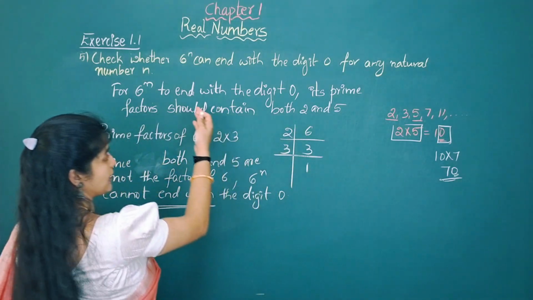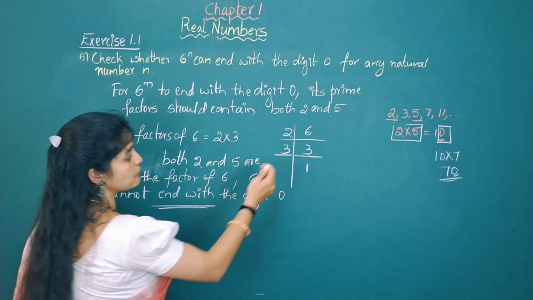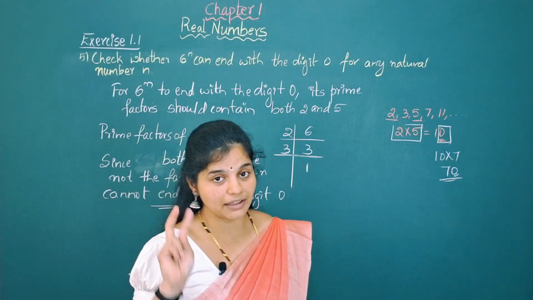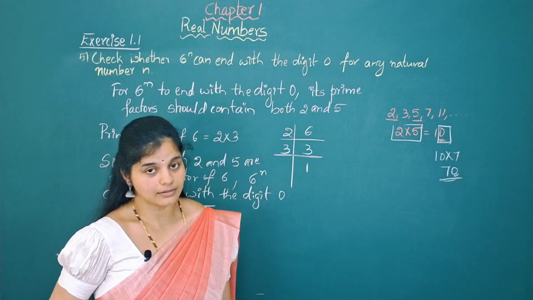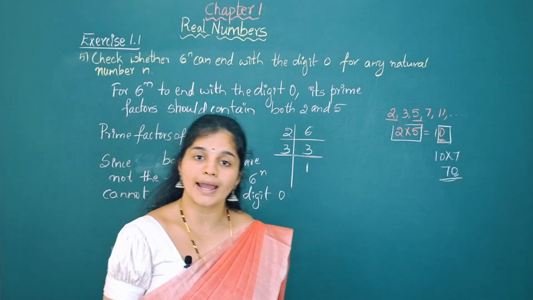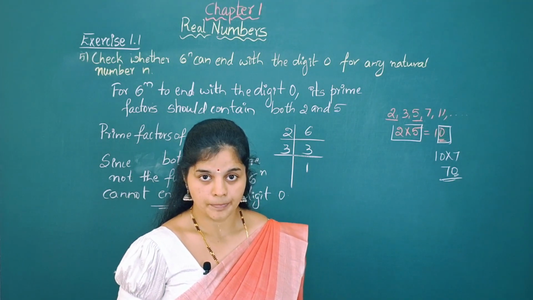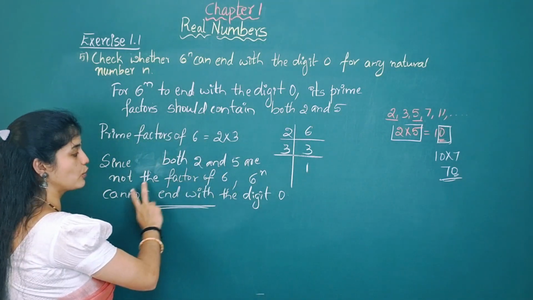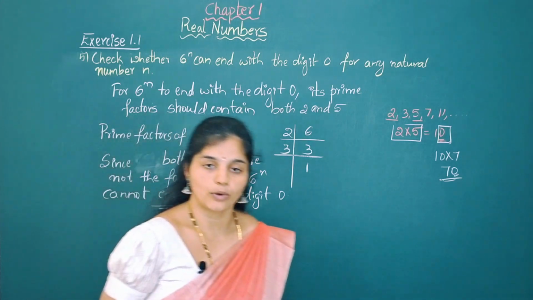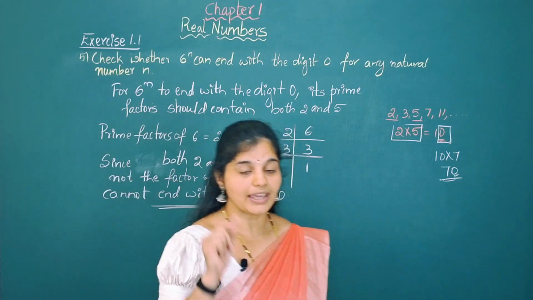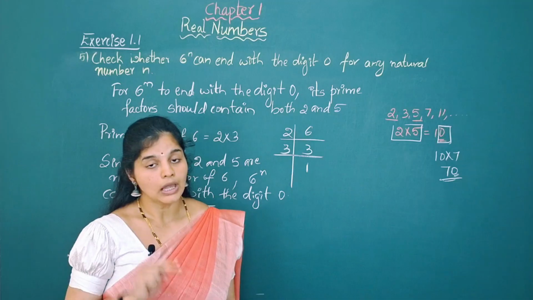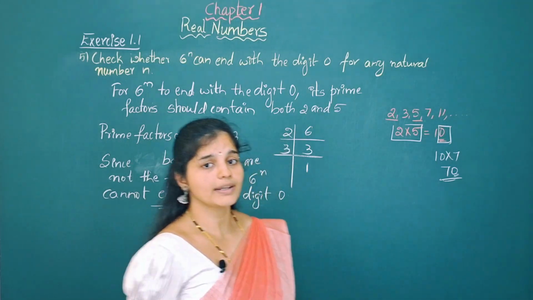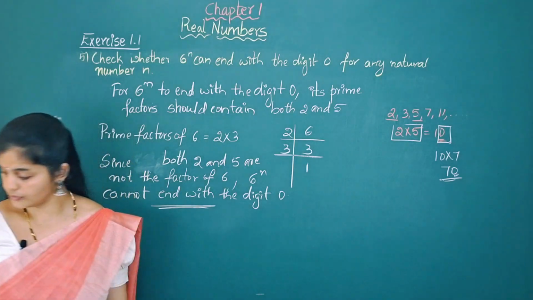Now, when you factorize 6, you see that the factors of 6 are 2 and 3. We wanted both 2 and 5. Now since both 2 and 5 are not the factors of 6, 6^n cannot end with 0. Okay, I hope you have understood this solution.